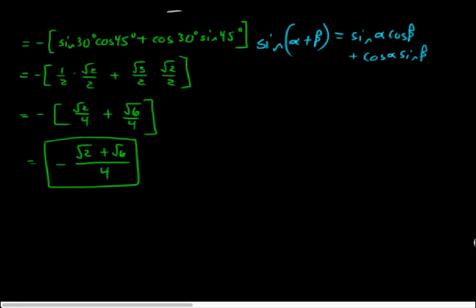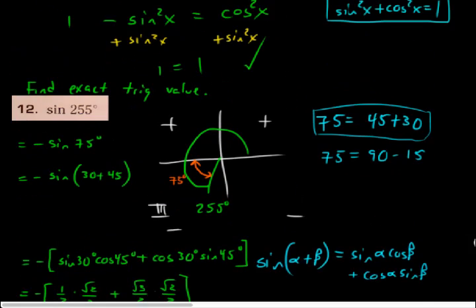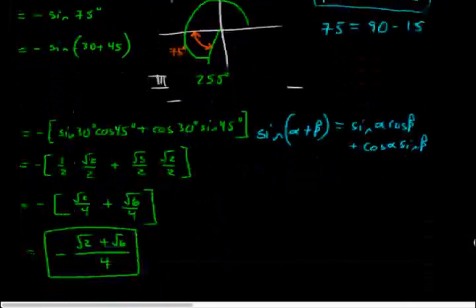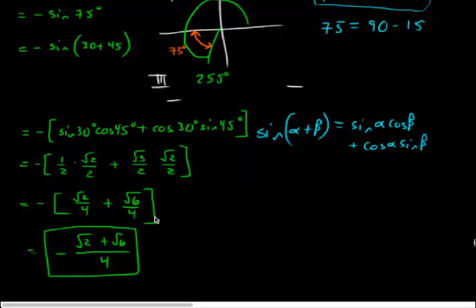And that should be the value of this sine of 255 degrees exactly. So it's negative because it's in this third quadrant, and then I was able to use the sum identity in order to evaluate it based on angles that are kind of primary angles, if you will.